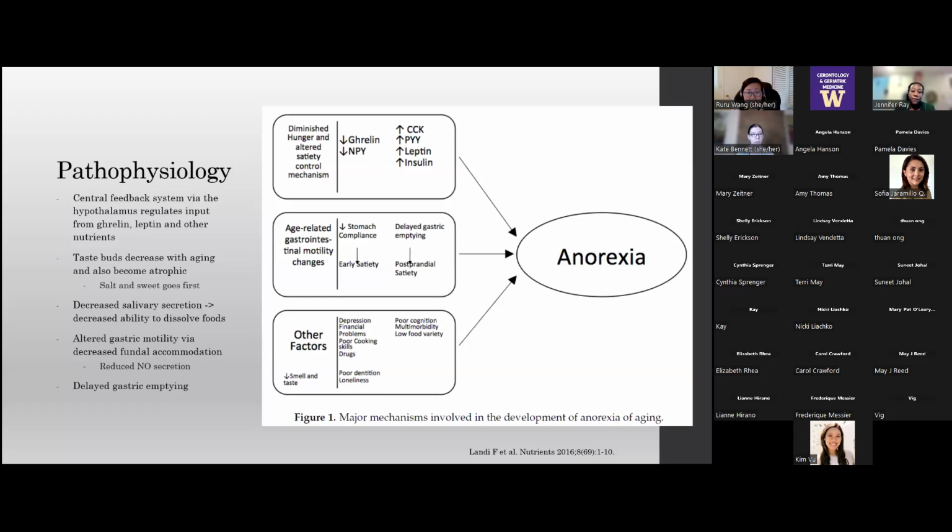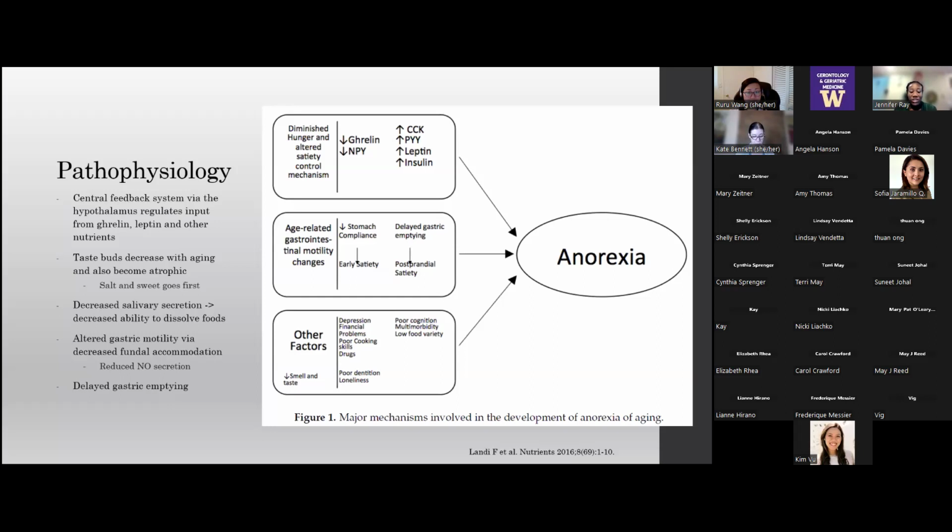In terms of the pathophysiology of anorexia, it's multifactorial. We have our hunger hormones that come into play. That's with central feedback via the hypothalamus, which regulates the input from ghrelin and leptin, our hunger and early satiety hormones, and other nutrients also play into effect.